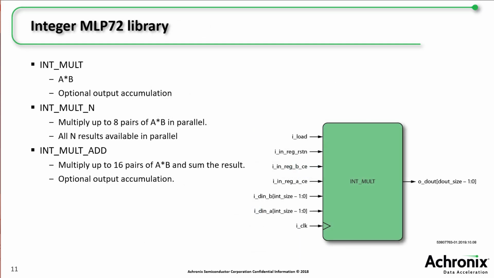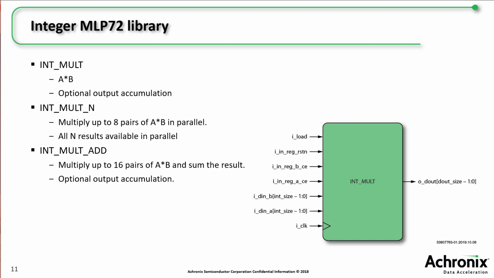To aid with usage of the MLP, Achronix has created a number of library components. They leverage the full power of the MLP, but with much of the detailed settings pre-configured. This allows these components to have simplified interfaces and so are easy to instantiate and set up in a user's code.